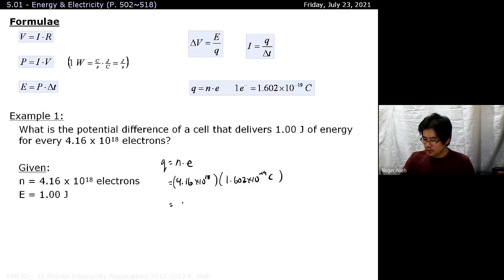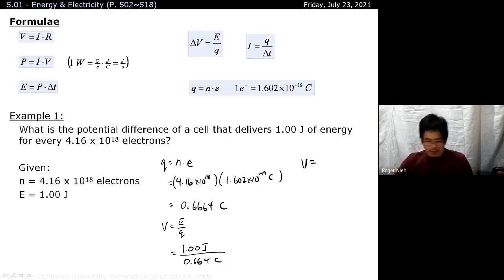And we have a charge of 0.6664 coulombs. Now we can move on to the next formula, which is V is equal to E over Q. We know that these electrons contain 1.00 joules of energy for every 0.664 coulombs of charge.